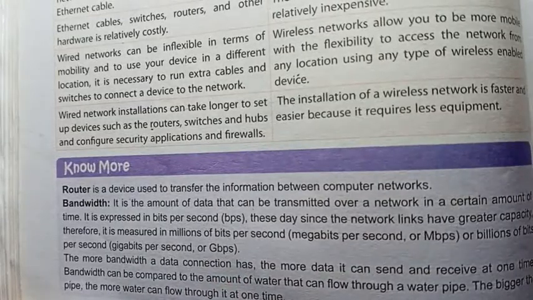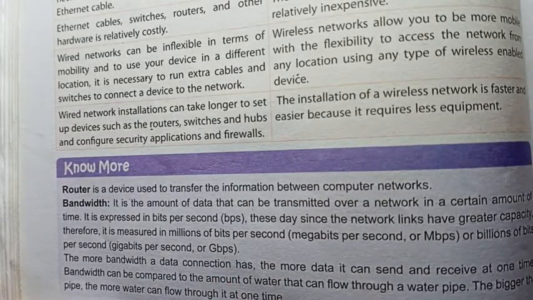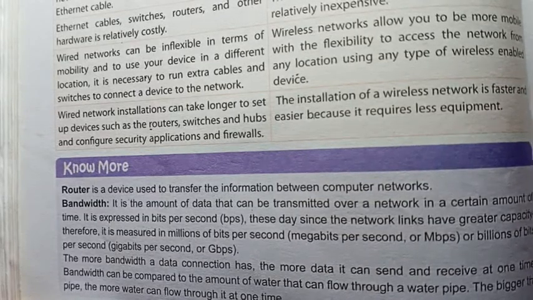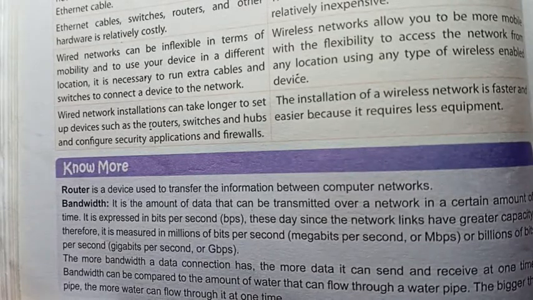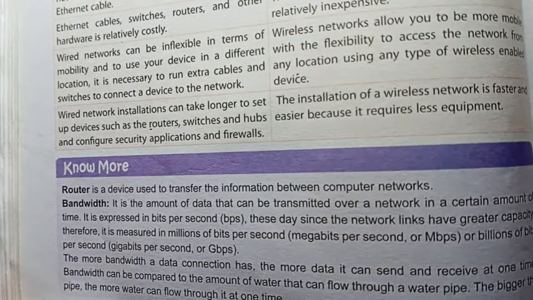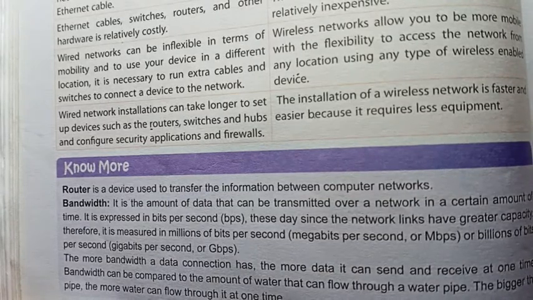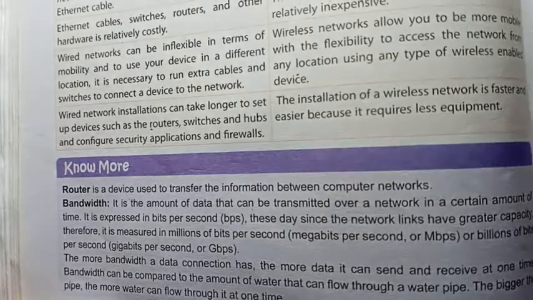The more bandwidth a data connection has, the more data it can send or receive in a time. This can be compared with a pipe. The thicker the pipe, the more water that flows. Similarly here, the more the bandwidth, the more data will flow through the network.